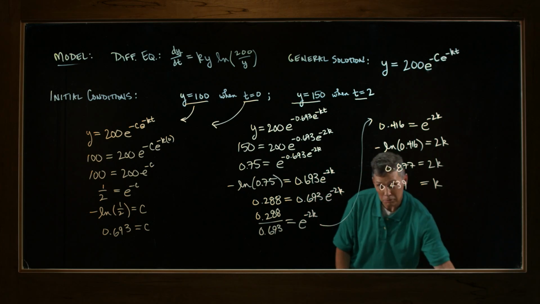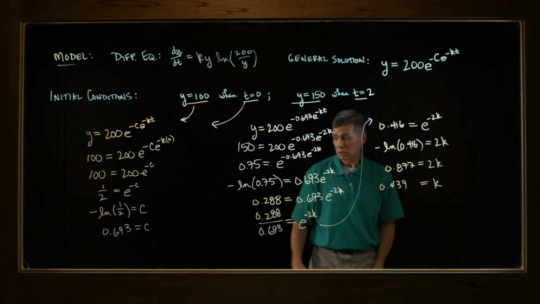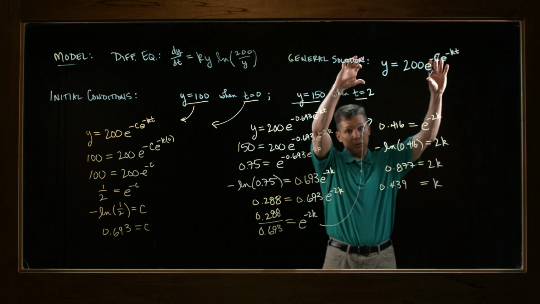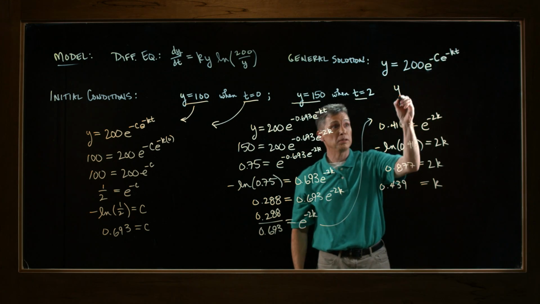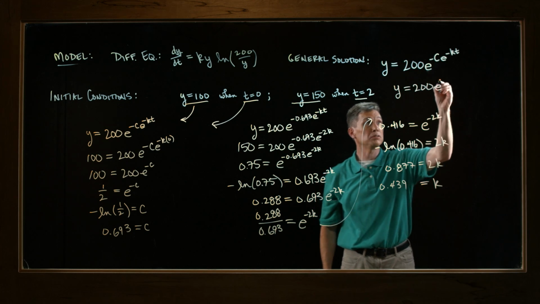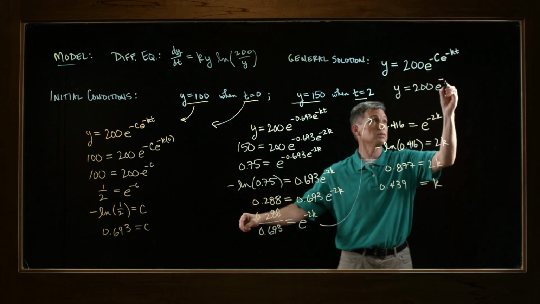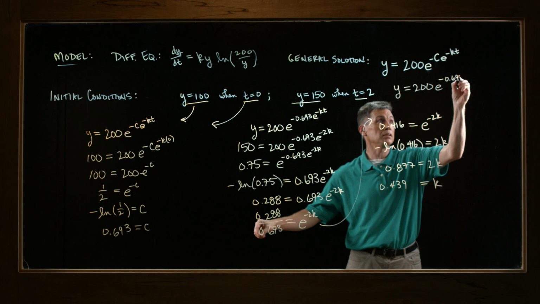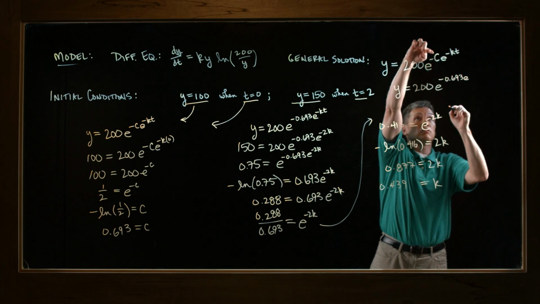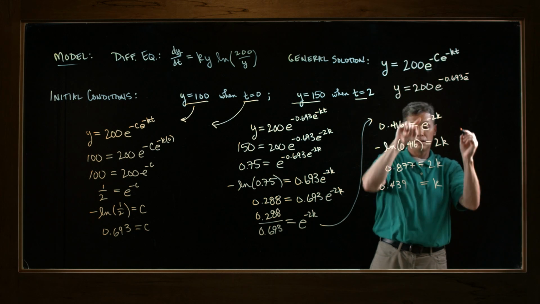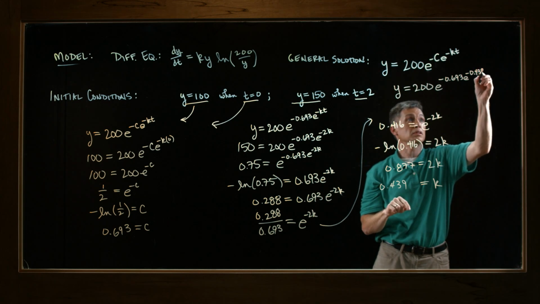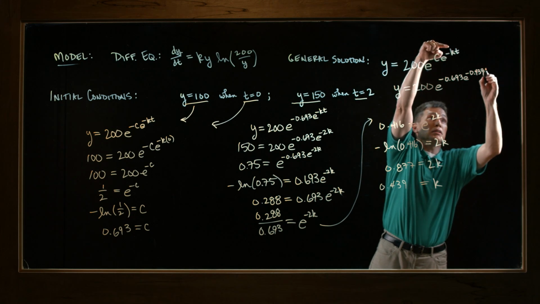Let's put it together and wrap this problem up, by grabbing that value of c, that value of k, and going into our general solution. 200 e raised to the minus c, 0.693, multiplied by e raised to the minus k, where k is 0.439, and then the t that's there.